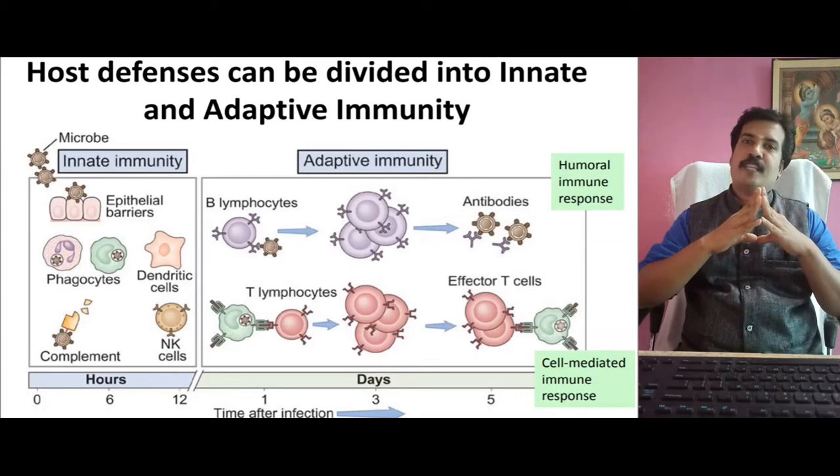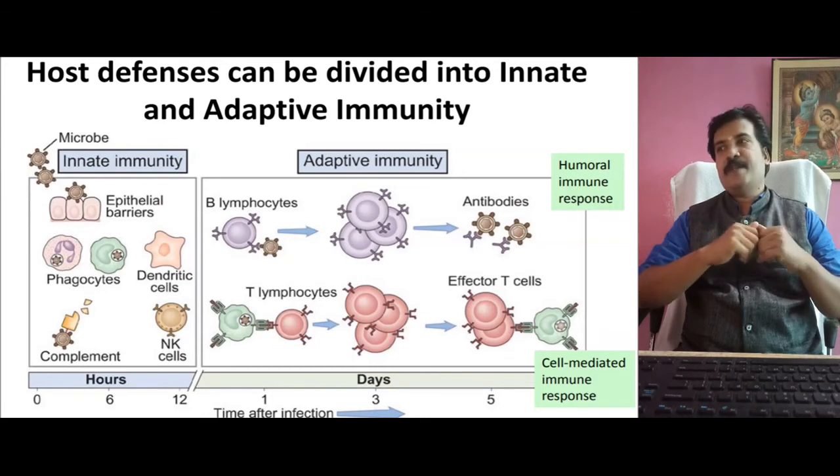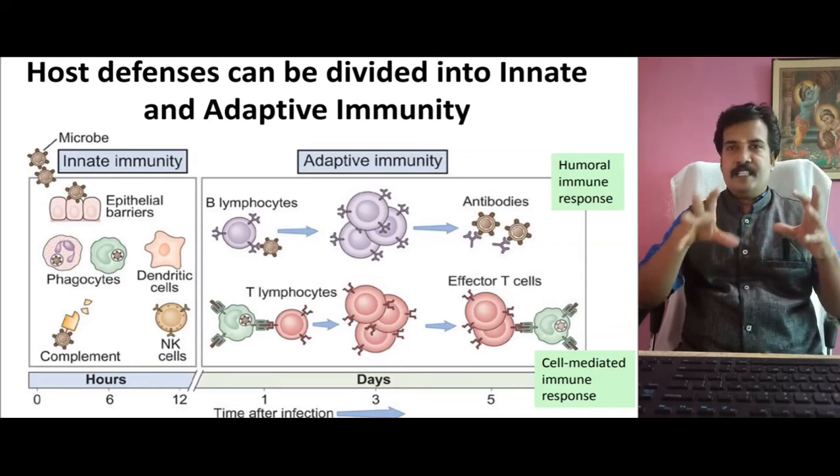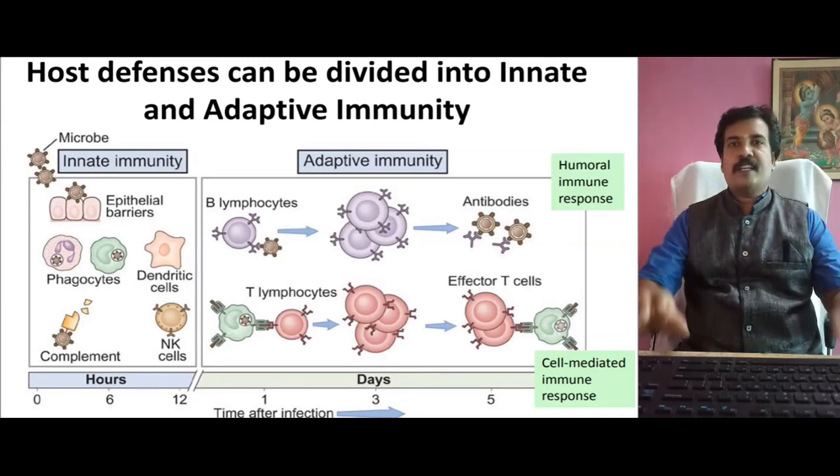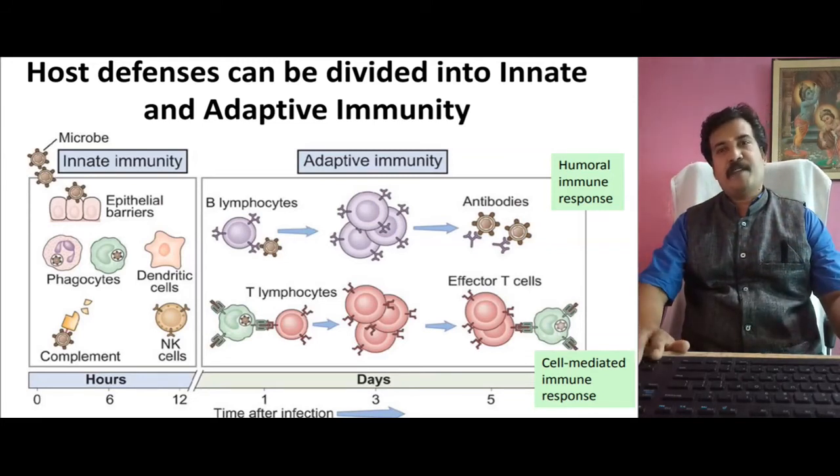The B lymphocyte stimulates humoral mediated immunity, and the T lymphocyte stimulates cell mediated immunity. The B lymphocytes generally produce effector molecules, that is antibodies, which we also call immunoglobulins. Similarly, the T lymphocytes will produce cytolytic T lymphocytes or helper T cells. In this way, cells and molecules help in innate and adaptive immunity.